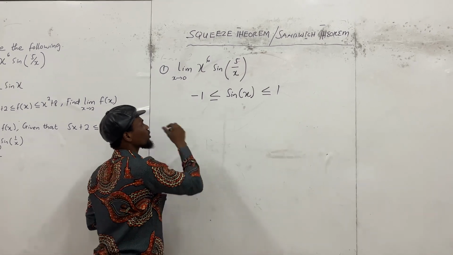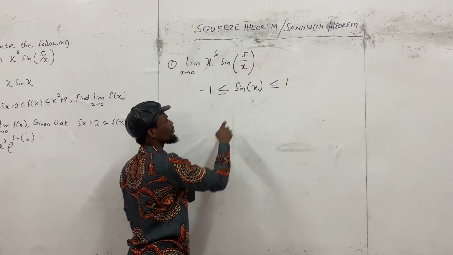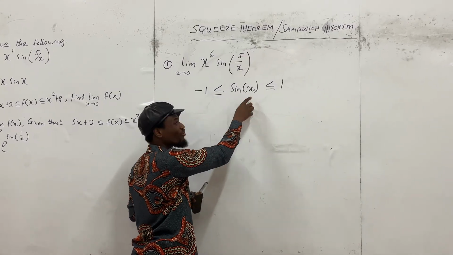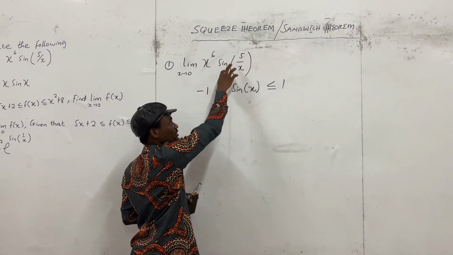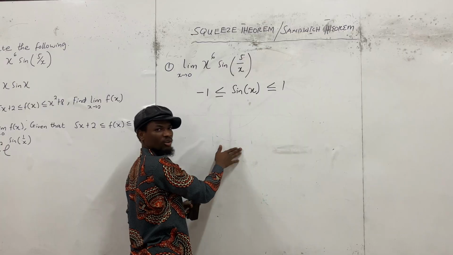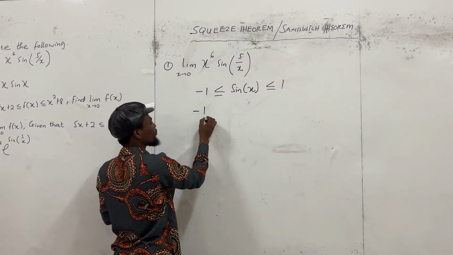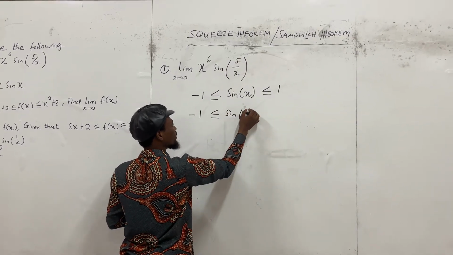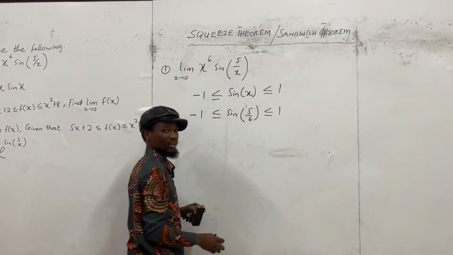But we also have sine of 5 over x. Whether you have sine x, sine 4x, sine what have you over here, it still holds. So this is just the same as -1 less than or equal to sine of 5 over x, less than or equal to 1.